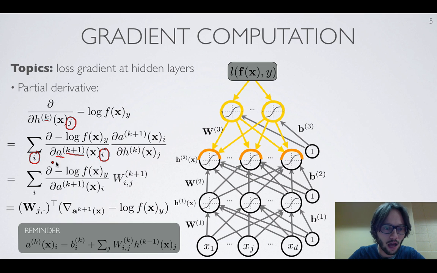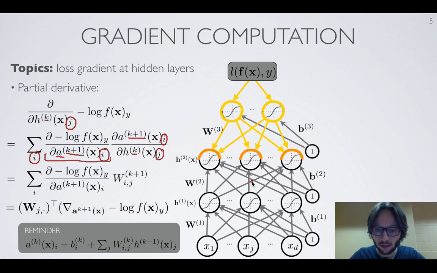I need to multiply the partial derivative of the loss with respect to that pre-activation by the partial derivative of the ith pre-activation at the layer above with respect to the activation at the kth layer for the jth hidden unit, which is the thing we want our partial derivative with respect to.